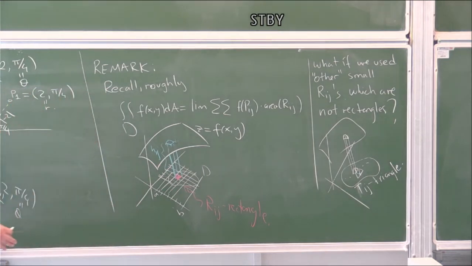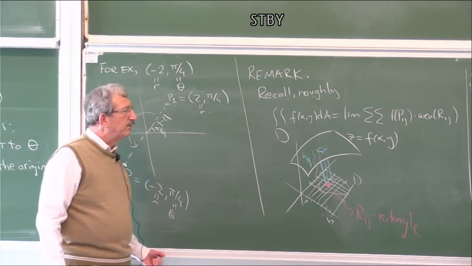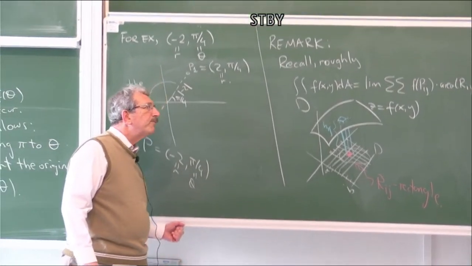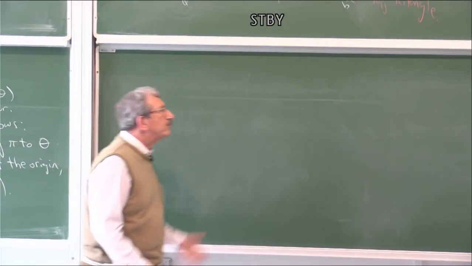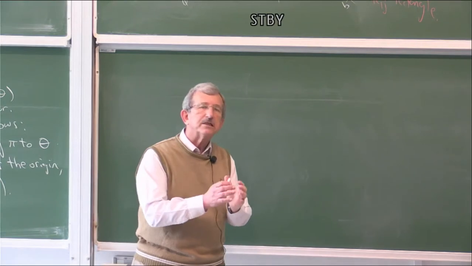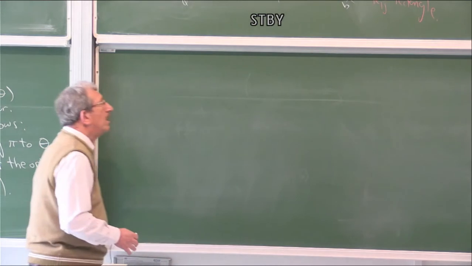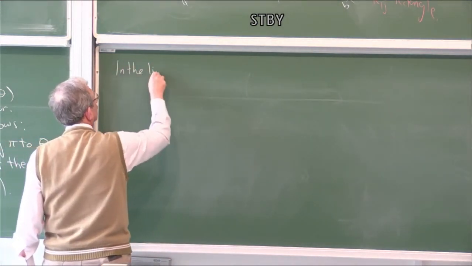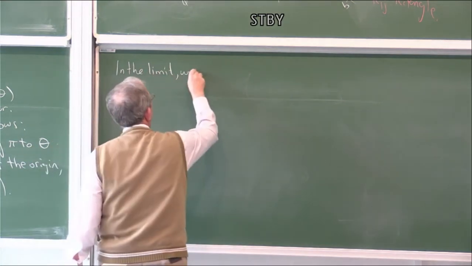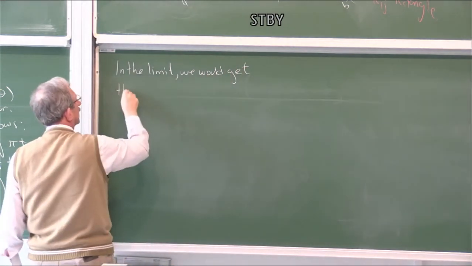So rectangles are not very special at all. Actually, they are in some sense, but there is no problem if we replace small rectangles with triangles or other little pieces of regions. In the limit, we would get the same number.